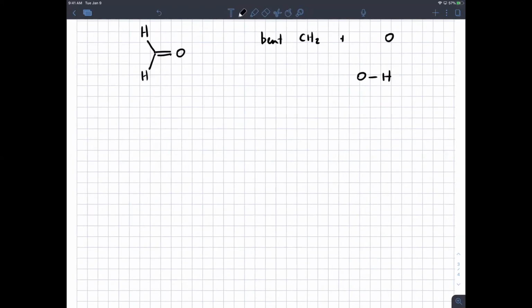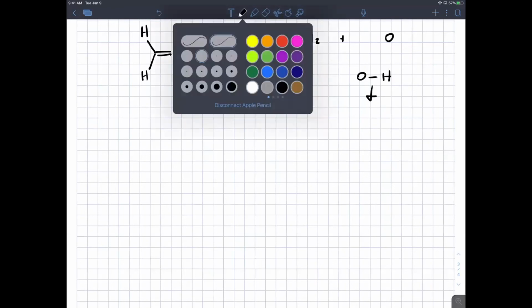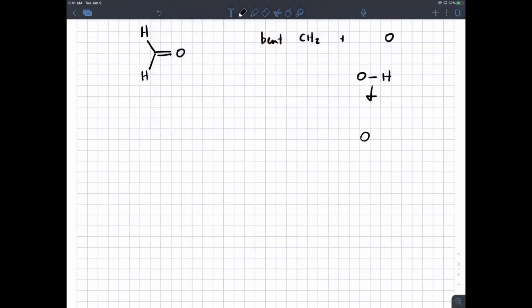That's a good question. So let's just hypothesize what the group orbitals would be for this OH group. You have an oxygen and you have a hydrogen. So probably you've got lowest energy overlap of oxygen and hydrogen.